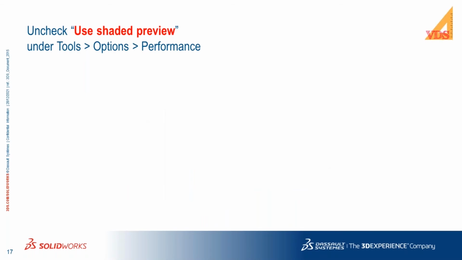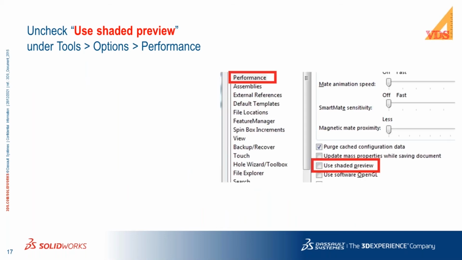This is another one of my favorites, the shaded preview. Again, this option is under the performance tab. Before we see what exactly this option is all about, how many people prefer to have a shaded preview when they, for example, extrude their sketches?